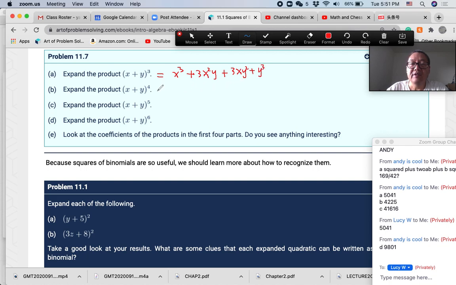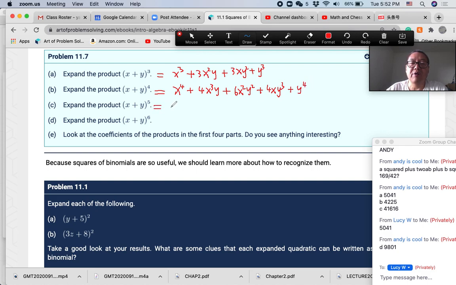Okay, say this one you got x power 4 plus 4x power 3 y, then plus 6x squared y squared, then plus 4x y cubed, then plus y power 4.